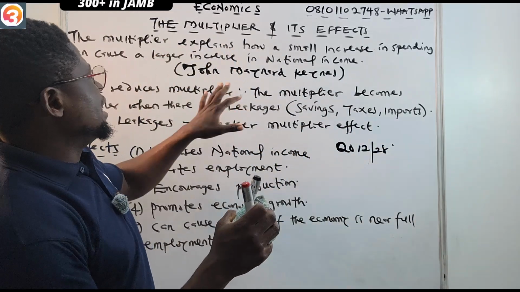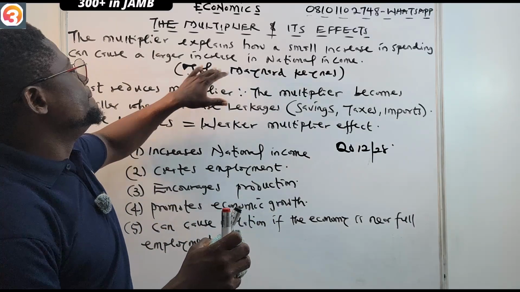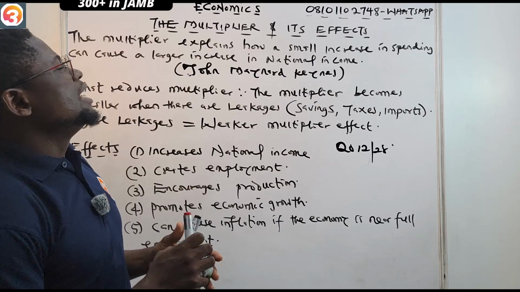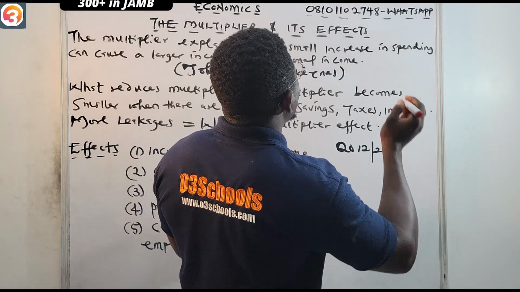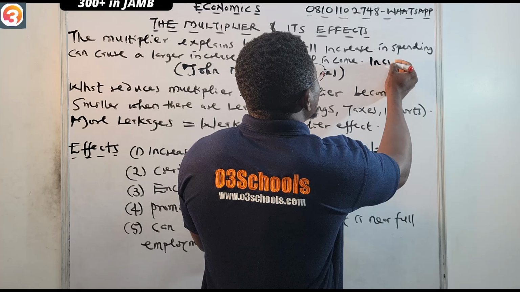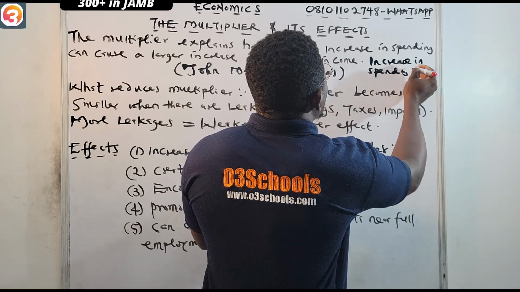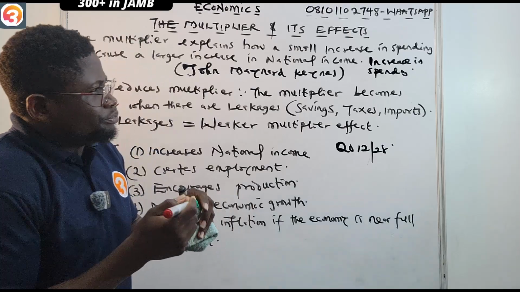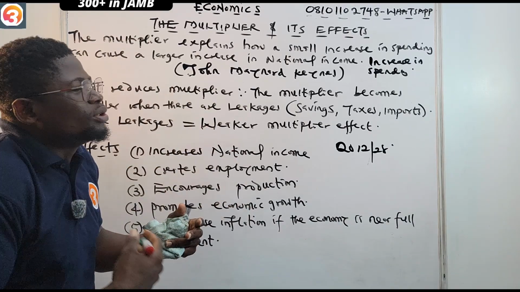So that's what the multiplier effect is trying to explain, a concept that was proposed by John Maynard Keynes. He sought to explain how a small increase in spending can cause a larger increase in the national income.